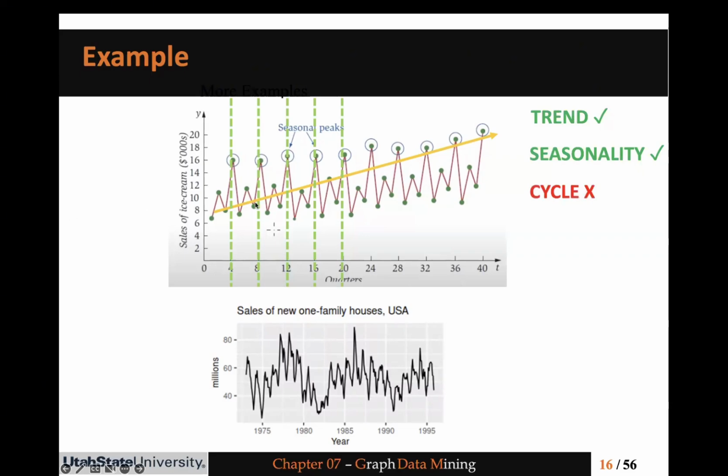In order to talk about cyclicity, it should be years' worth of time series data, and there is no repeated pattern across all these years. So definitely no cyclicity. Okay, the second example looks more or less steady. Although some people might think there might be a little bit of trend going on, I would say that it looks like a steady signal here.